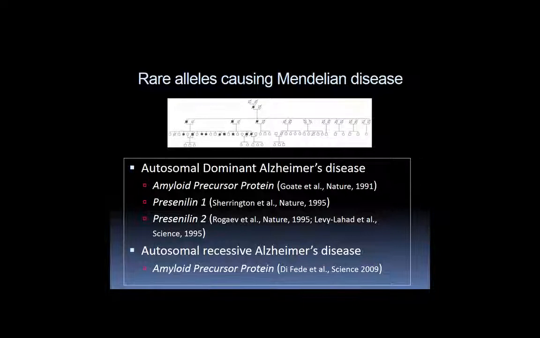And what they found was that the amyloid peptide, which is 40 amino acids long, wasn't actually the full length of the protein. It was a fragment of a protein encoded by a precursor protein, APP, or amyloid precursor protein.